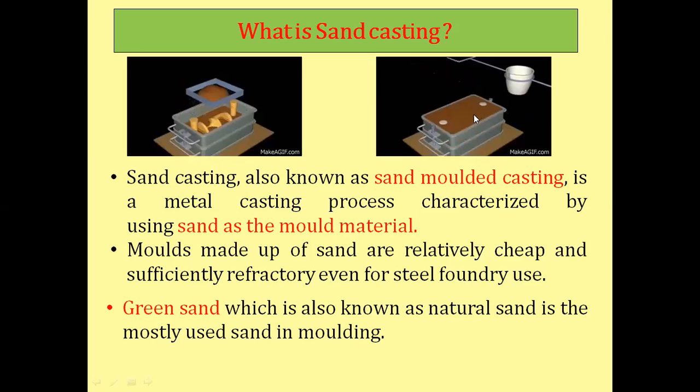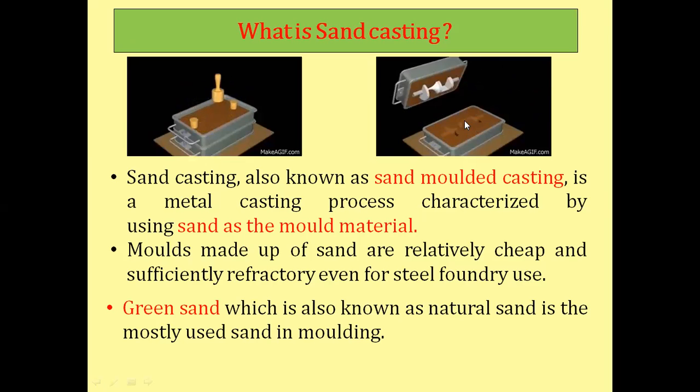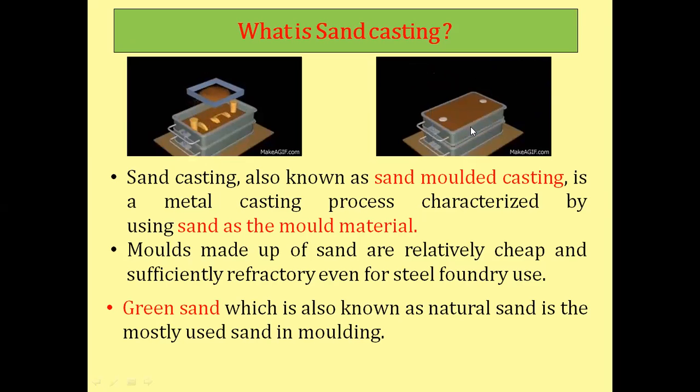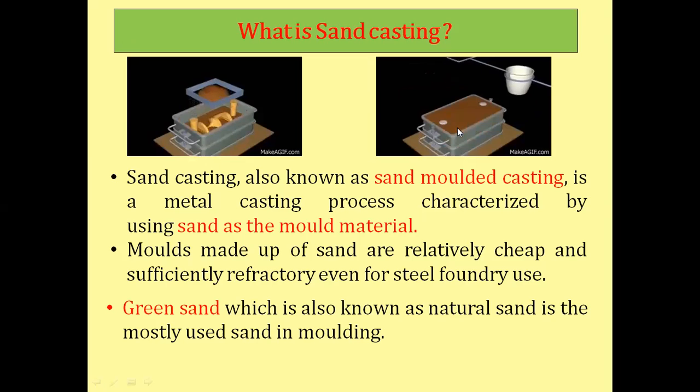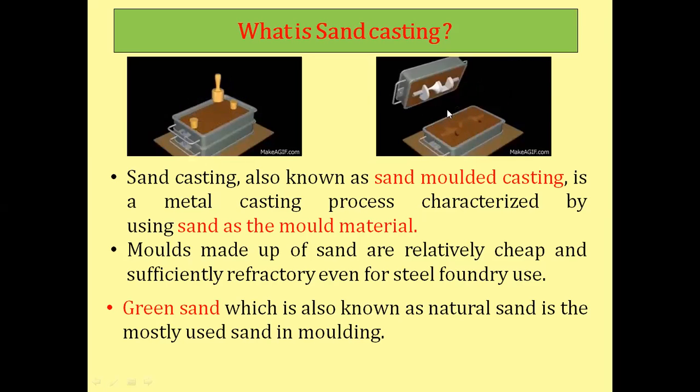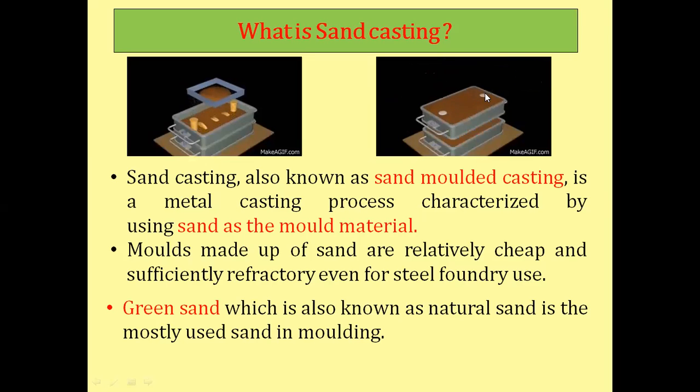And you will form the cavity. Here you can see the cavity in this image. After removing the pattern, the complete cavity will be there, and with the help of some pouring element you will pour the molten metal into that cavity and form the required component.